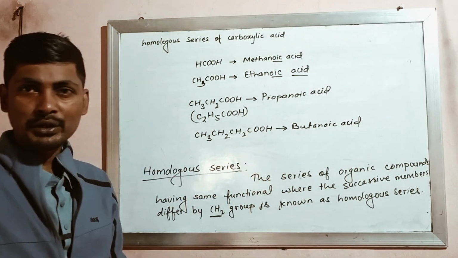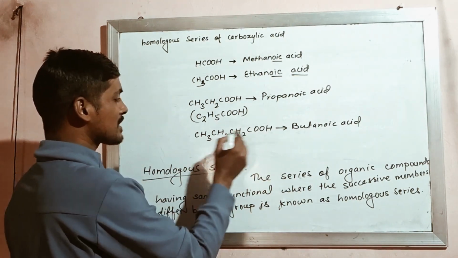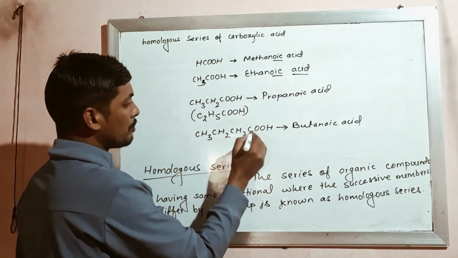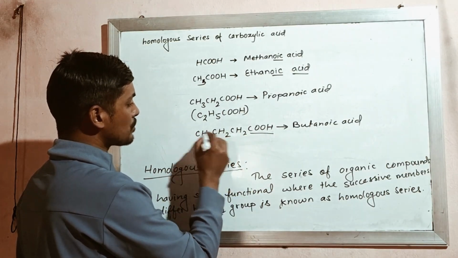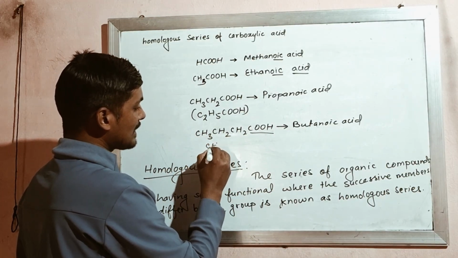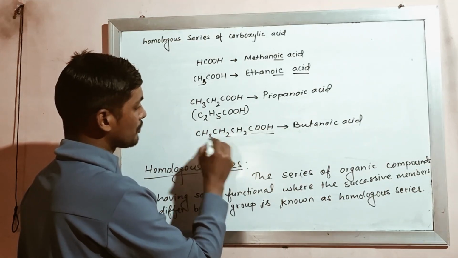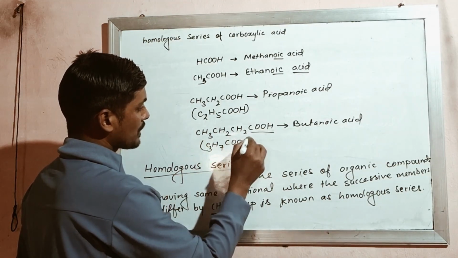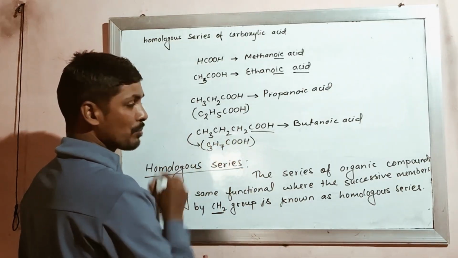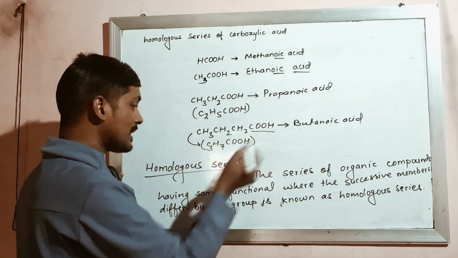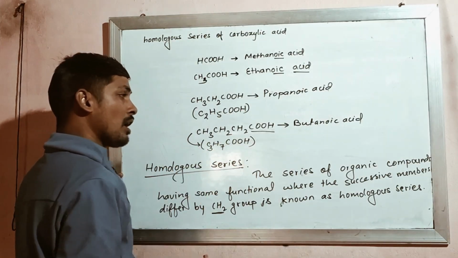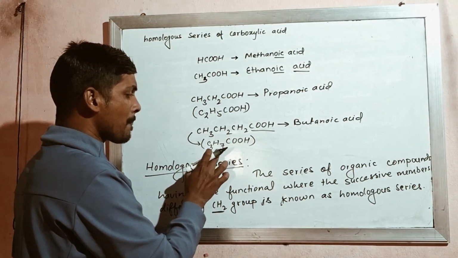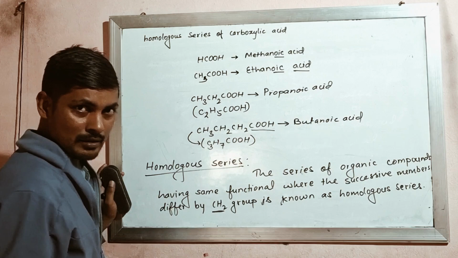Next one will be pentanoic acid. And what will be the formula? Just see here. In this formula, how many carbons are there before this COOH? 1, 2, 3. C3H7COOH. We can also write this for butanoic acid. Now you tell me what is the formula of pentanoic acid? C4H9COOH.